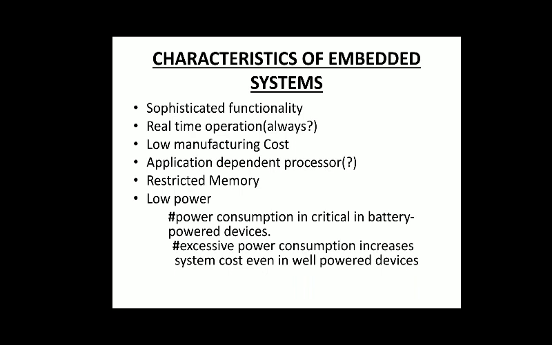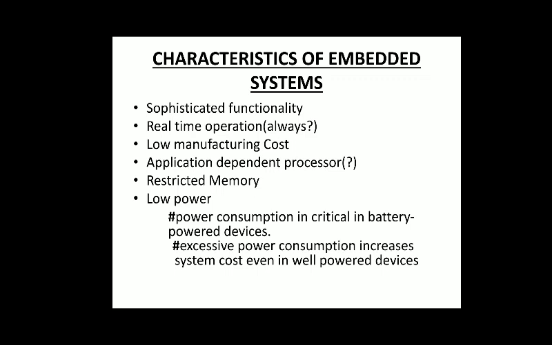Here are the characteristics of embedded systems. First is sophisticated functionality, so the embedded system must be sophisticated. Second, real-time operation: when the user is interacting with the embedded system, it has to execute real-time operations.